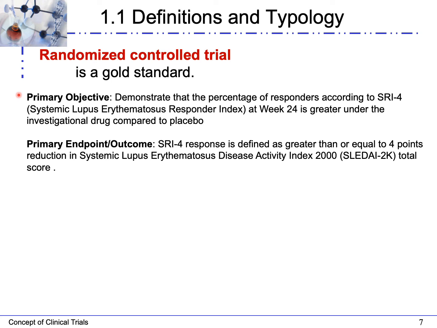So to assess that objective, the primary endpoint outcome is SRI-4 response, which is assessed on each and every individual participating in the trial, and is defined as greater than or equal to 4 points.